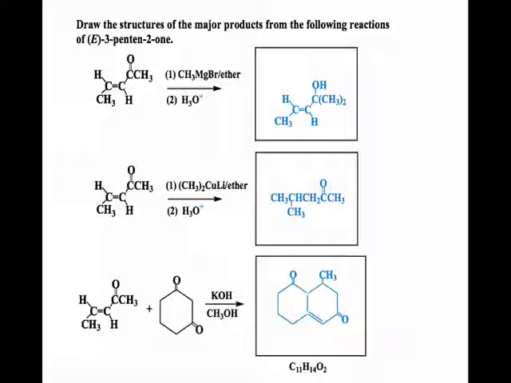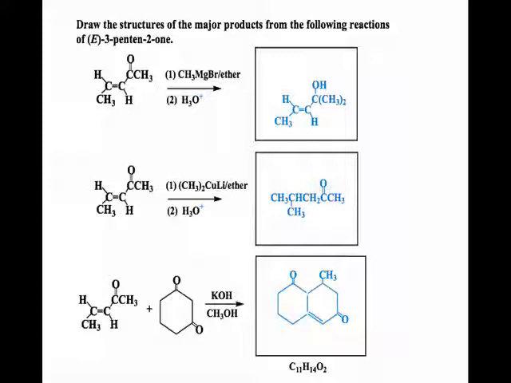Michael followed by an aldol. And so the nucleophile for the Michael addition is what? The enolate from the diketone that we have there, right? So we're going to do that addition followed by what reaction? Aldol, right? Good. And we're going to form 2 fused 6-membered rings with a pi bond.